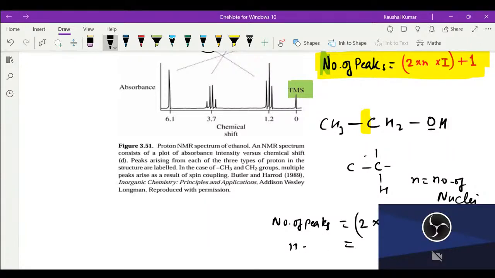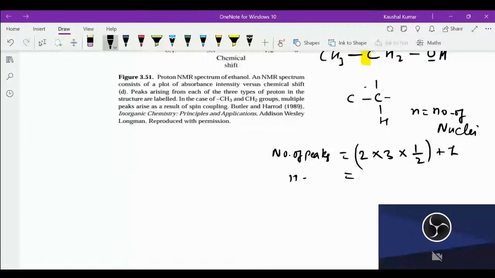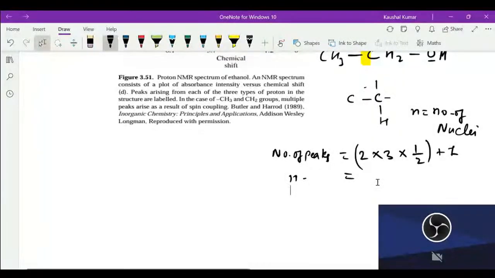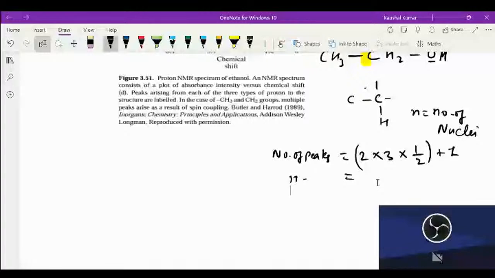After solving this equation, how many peaks will you get?